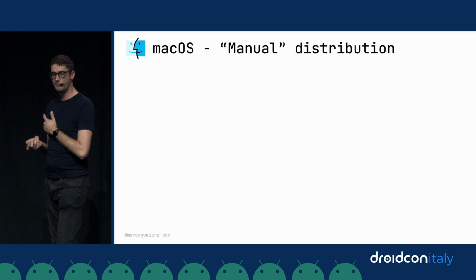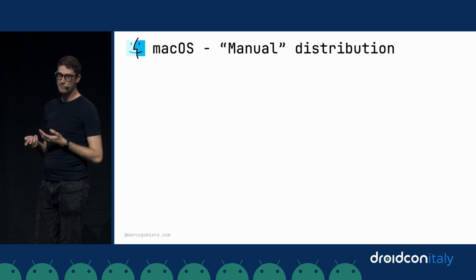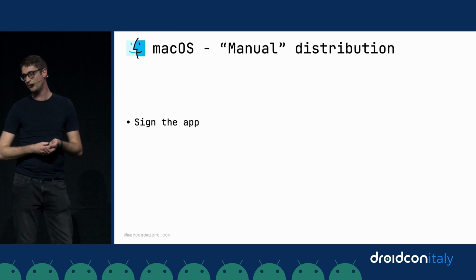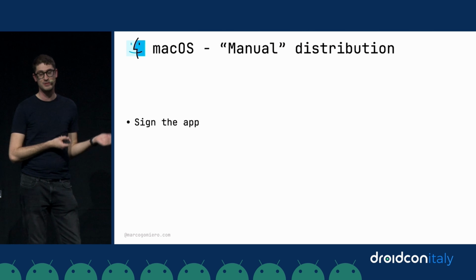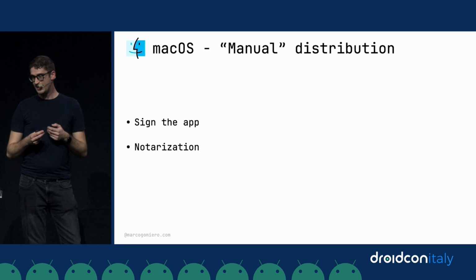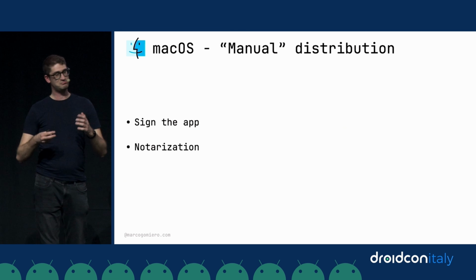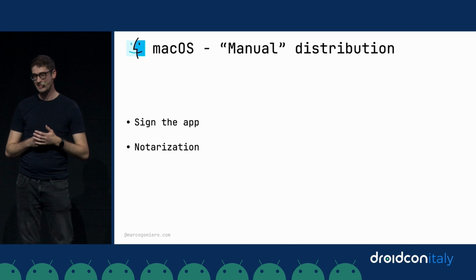So what do you have to do for manual distribution? Well, you can imagine that the first step is signing the app, for the same reason as before: sign the thing before publishing it. Then there's another step called notarization, which is an interesting thing that I didn't know about.